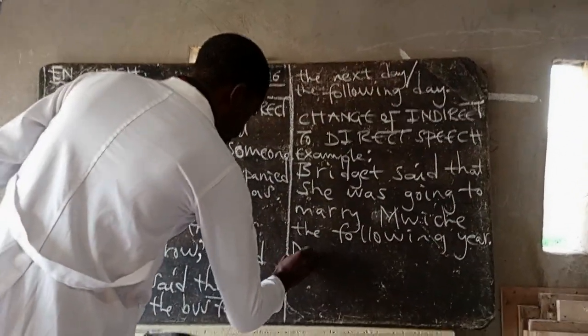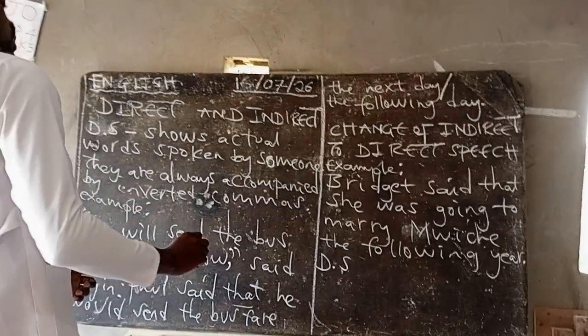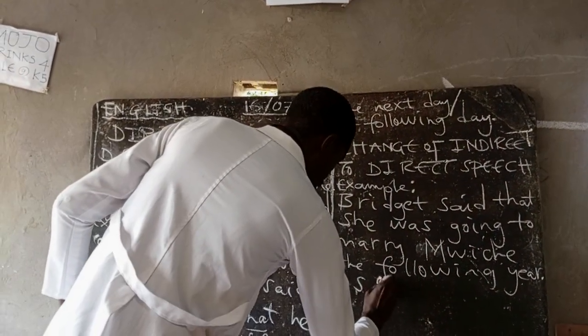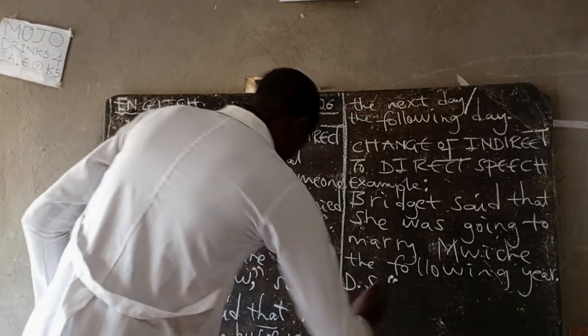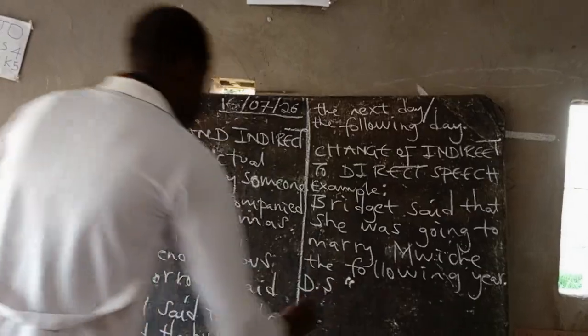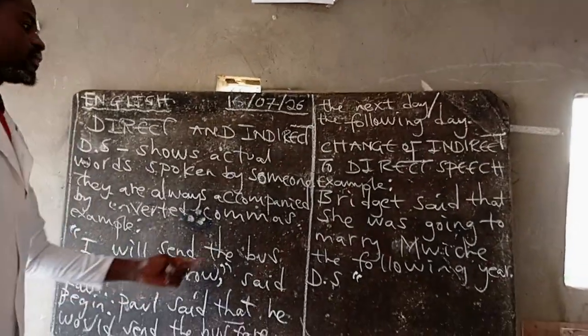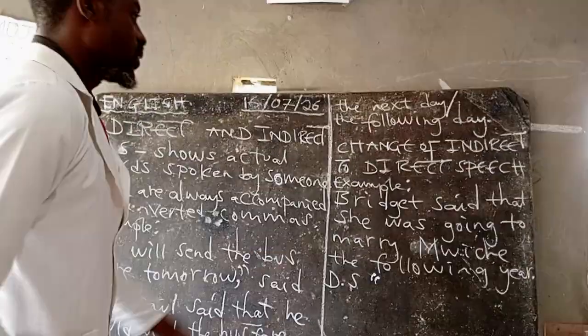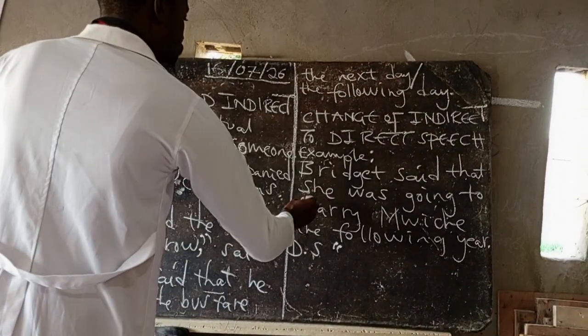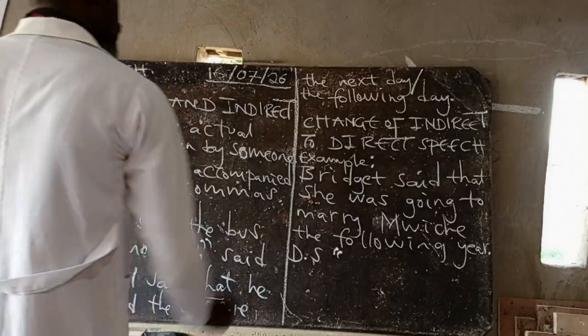Direct speech: let's show the actual words that were spoken using inverted commas. We start with open inverted commas. What are the words that were spoken? We're going to start from she.